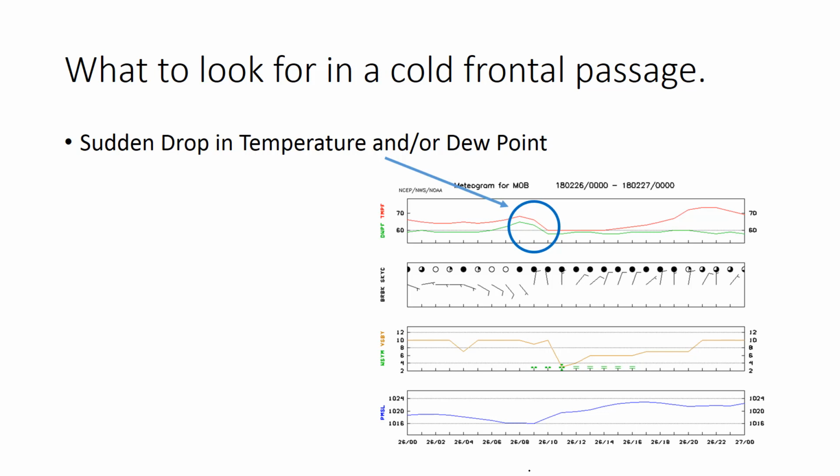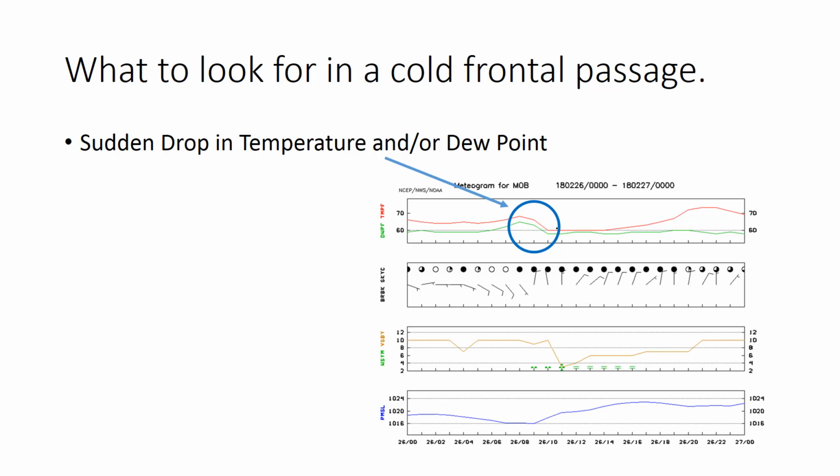But if you take a look, in this case, between 0Z and 8Z, temperature was remaining relatively constant. It kind of ticked up a little bit, and then right at about 8Z, temperature dropped noticeably in the next 2 hours. That is a telltale sign that a cold front has passed.